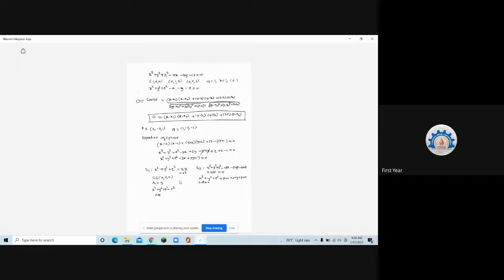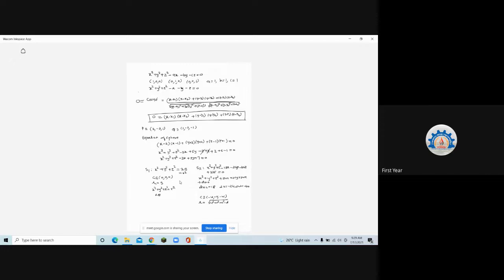So I'll compare the coefficients. 2u is equal to minus 18, 2v is equal to minus 24, and 2w is equal to minus 40. The center is minus u, minus v, minus w, and the radius is the square root of u square plus v square plus w square minus d.